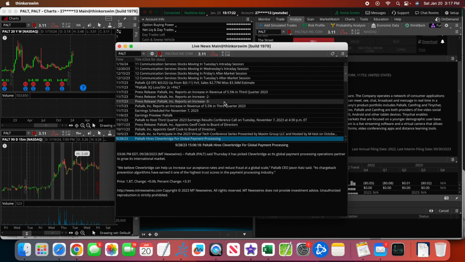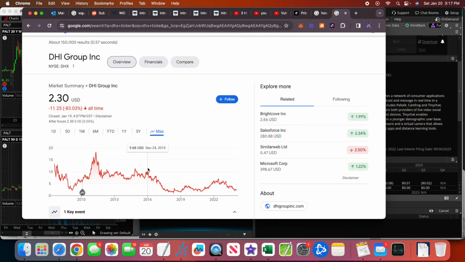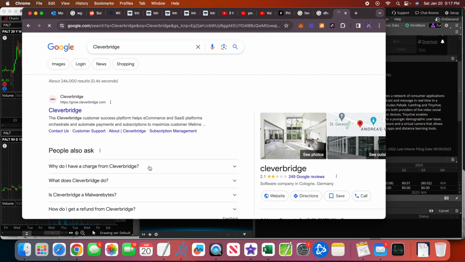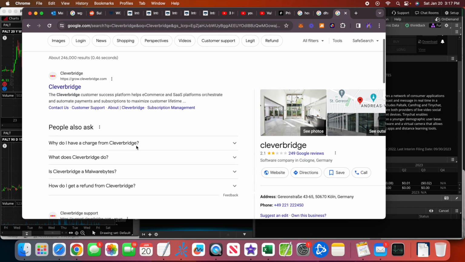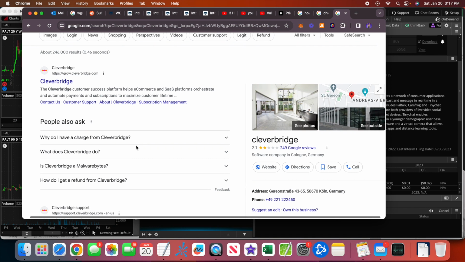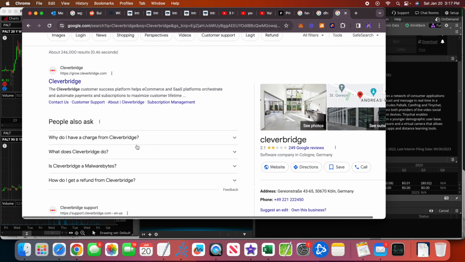Hires Clever Bridge. Well, who is that? Clever Bridge, we believe. So I might look at this and then creep back over here, see what is Clever Bridge. The German company.